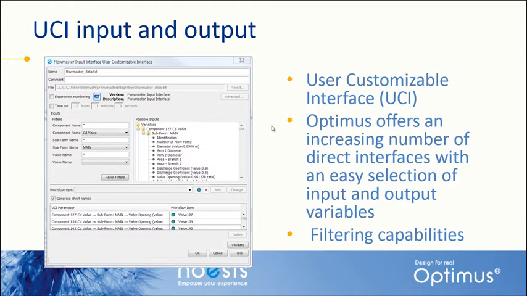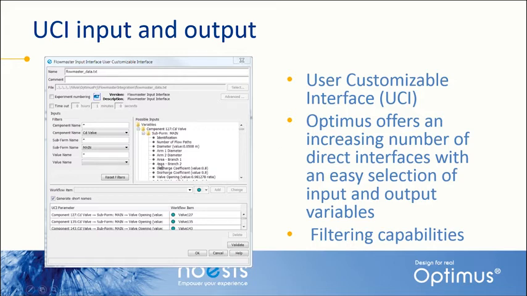Optimus is designed to interface with each individual software in a very similar fashion. The user customizable interface that you see here will extract all of the parameters from the Flowmaster input file. As a user, you simply specify which Flowmaster file that you'd like to interact with, and Optimus will automatically extract all of the parameters.